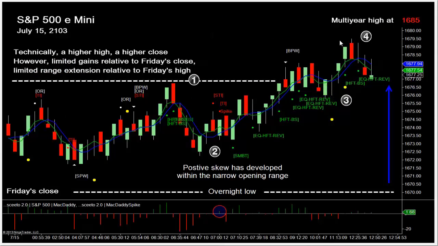Ultimately, the S&P did auction up to 1679. However, in evaluating my own performance, I wound up getting stopped out of the trade. The reason for my getting stopped out of the trade is that the market went flat here at the high. The time duration that it took for the market to auction up to the high did not occur until the close.